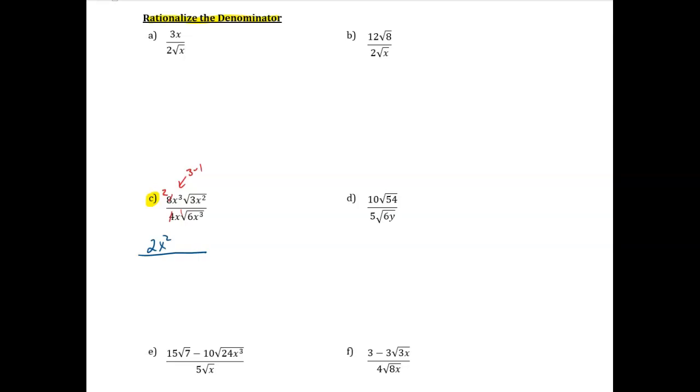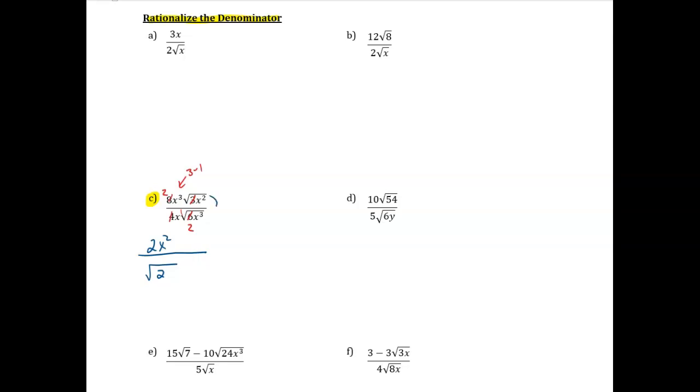Here you have your root on top and bottom here. So now you divide underneath your root side. So 3 divided by 6 gives you the 2. So root 2. X squared divided into x cubed. So it's always to where the bigger exponent is.